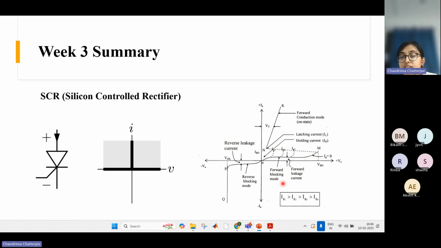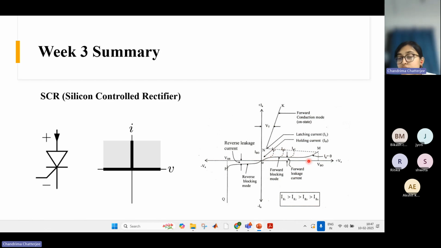And this is the static characteristic of the SCR. This voltage is called the forward breakover voltage. If you don't provide any gate signal, it will go till this point, and then there is this negative resistance region. Afterwards it will start conducting, and if you provide gate signal, there will be a family of curves.